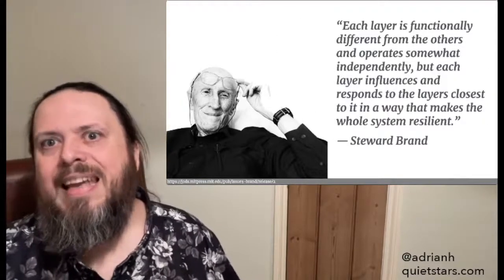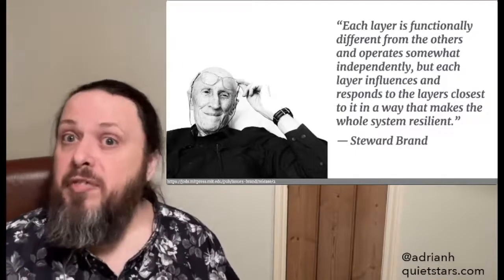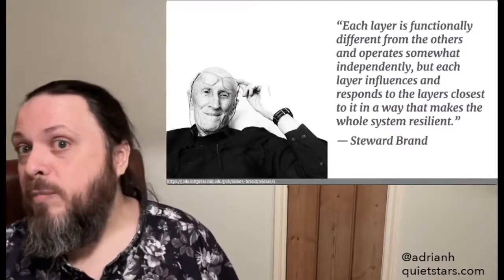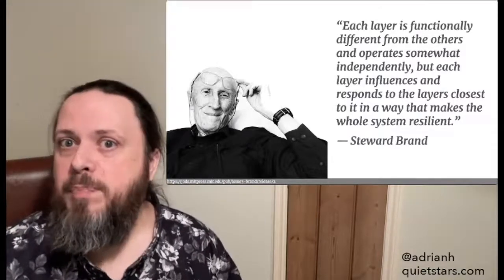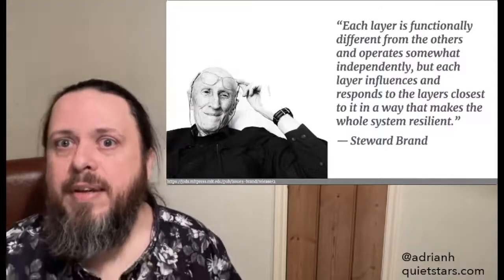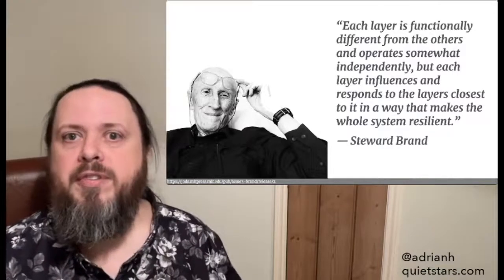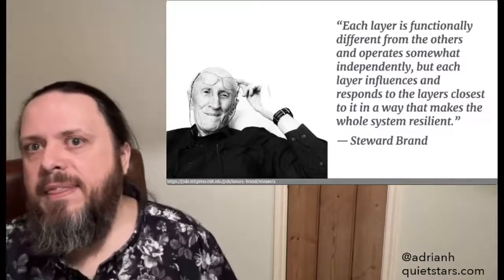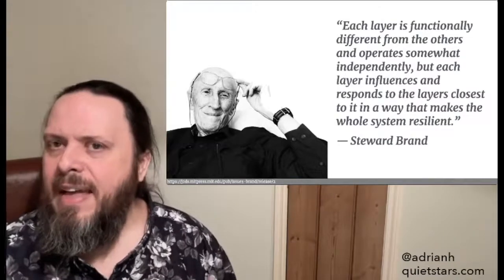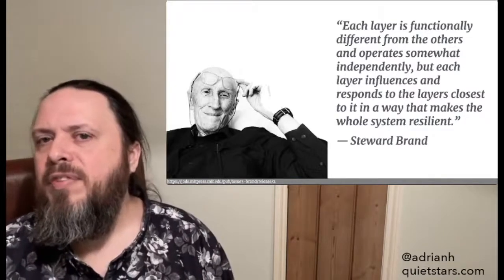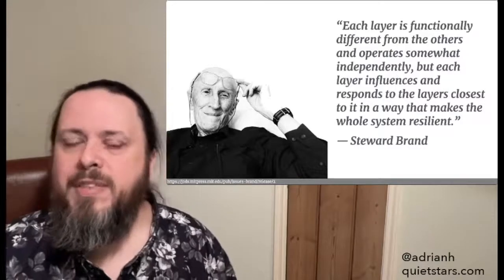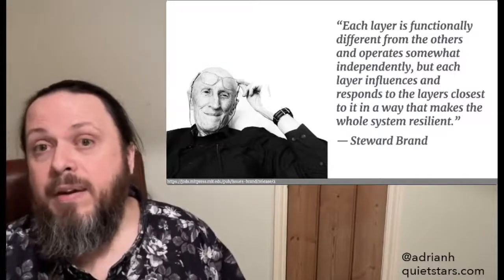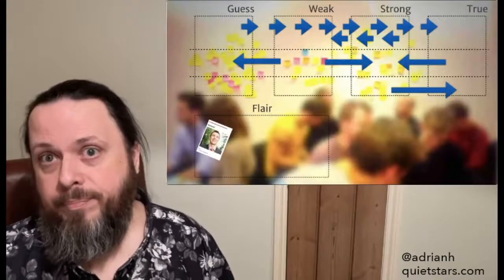As Brand says, each layer is functionally different from the others and operates somewhat independently, but each layer influences and responds to the layers closest to it in a way that makes the whole system resilient. And these layers of different-paced work were something that we were seeing with our incremental persona.